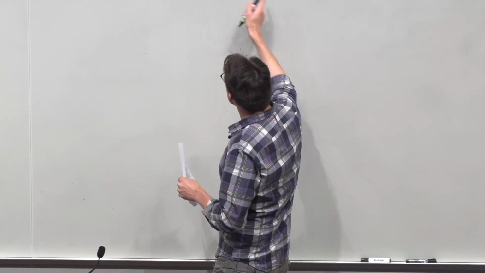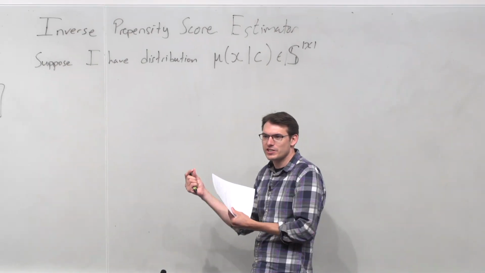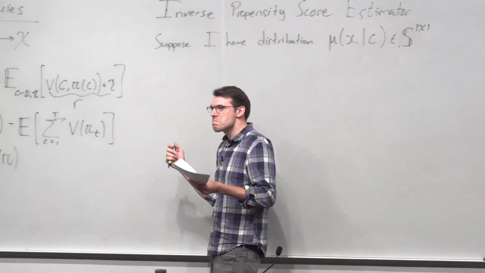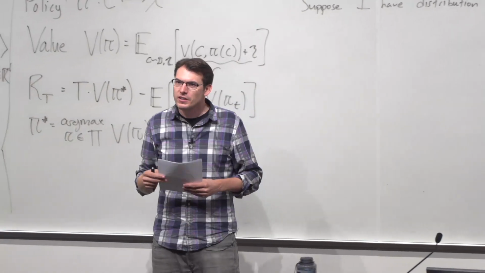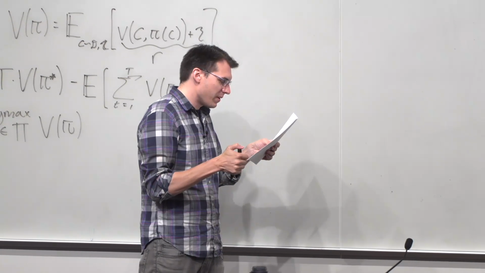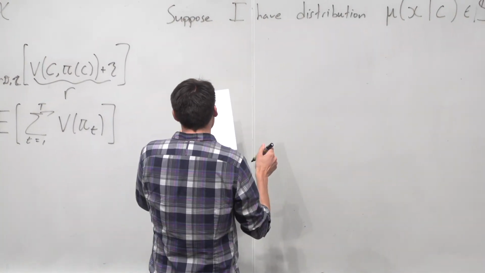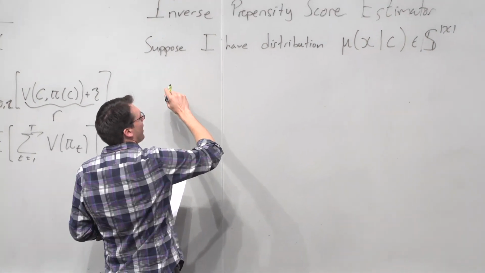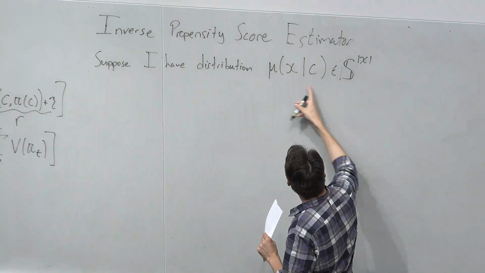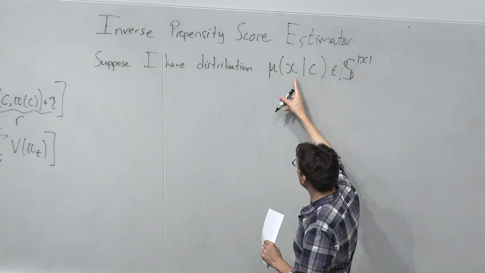And what it's saying is that for every given context, I could have a different distribution. And so the context actually indexes this distribution. And this mu could be continuous with respect to the context space. It doesn't really matter. I'll give you an explicit distribution in a moment. But the way that I'm going to build an estimator is, let's say at every single time, when I see context c, I'm going to play action x.